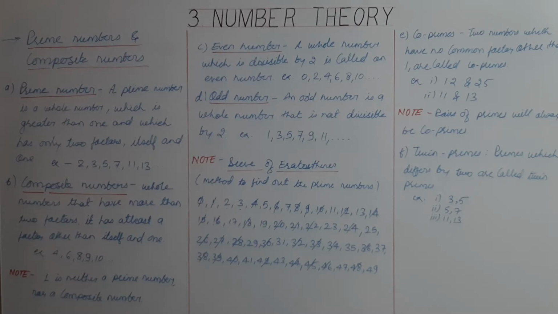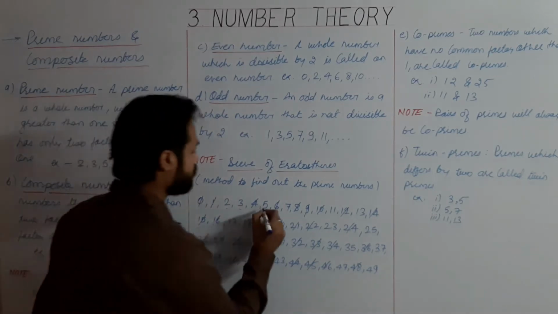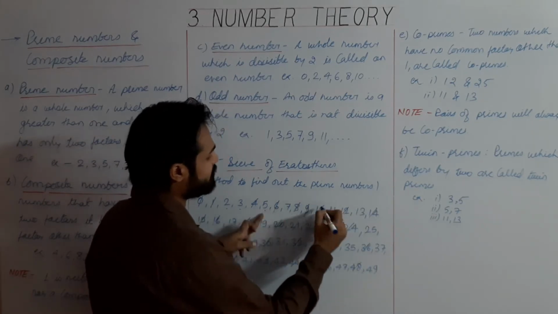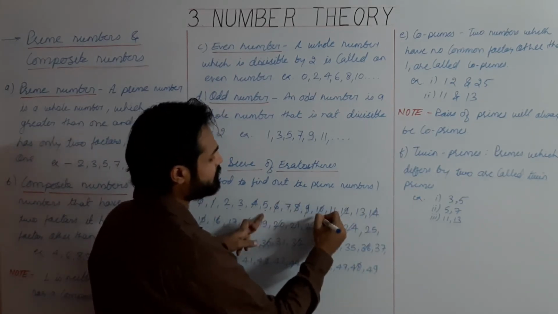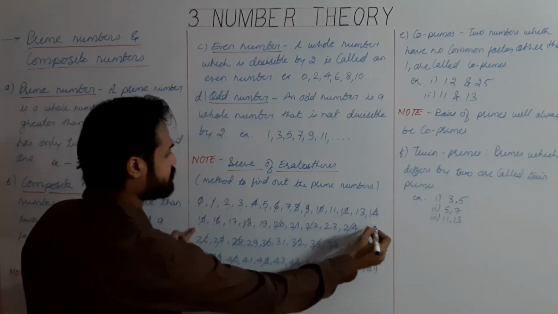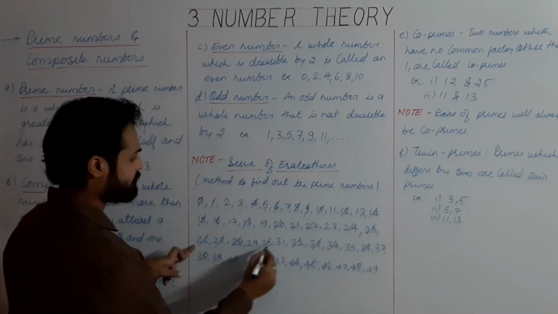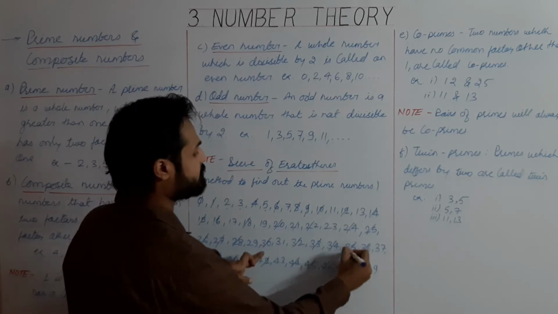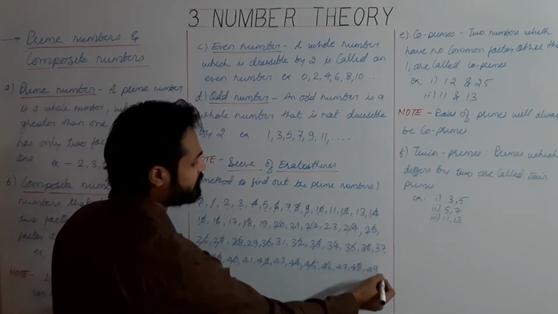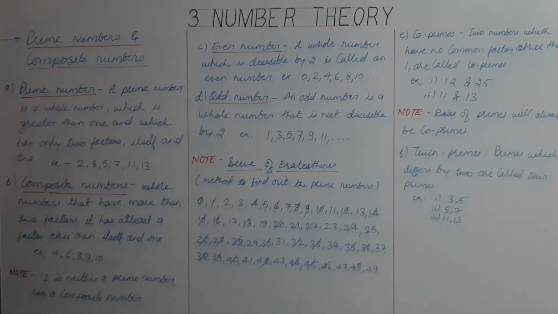The next uncrossed number is 5. Again, leave it and cross every multiple of 5. So after 5, add 5, 10, again add 5, 15, 20, then 25, 30, 35, 40, 45, and 50.